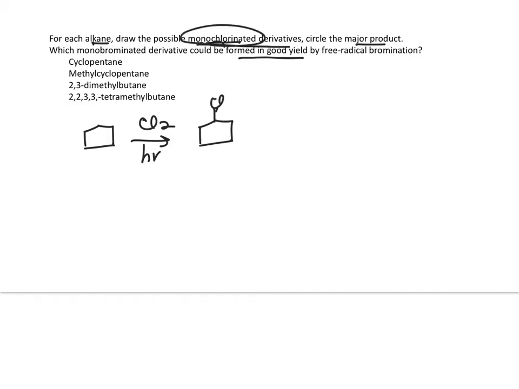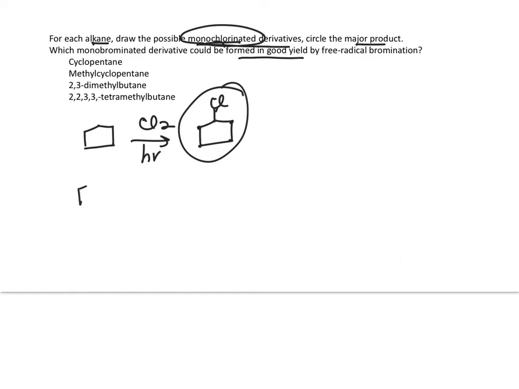That means you only get one chlorine per compound. If you name this, no matter where you put the chlorine, you're going to get the same compound. This is the only compound. Each one of these CH2s is equivalent, so there wouldn't be any difference.